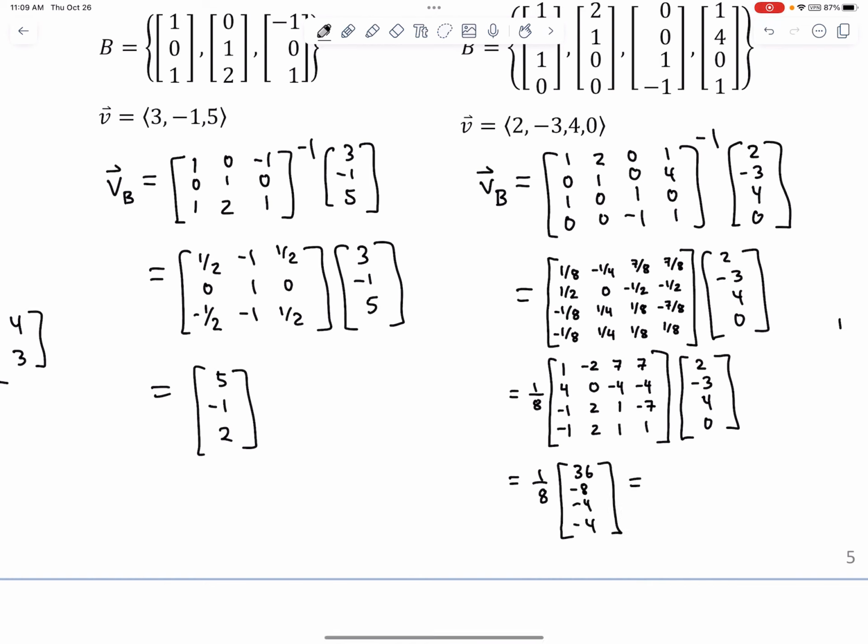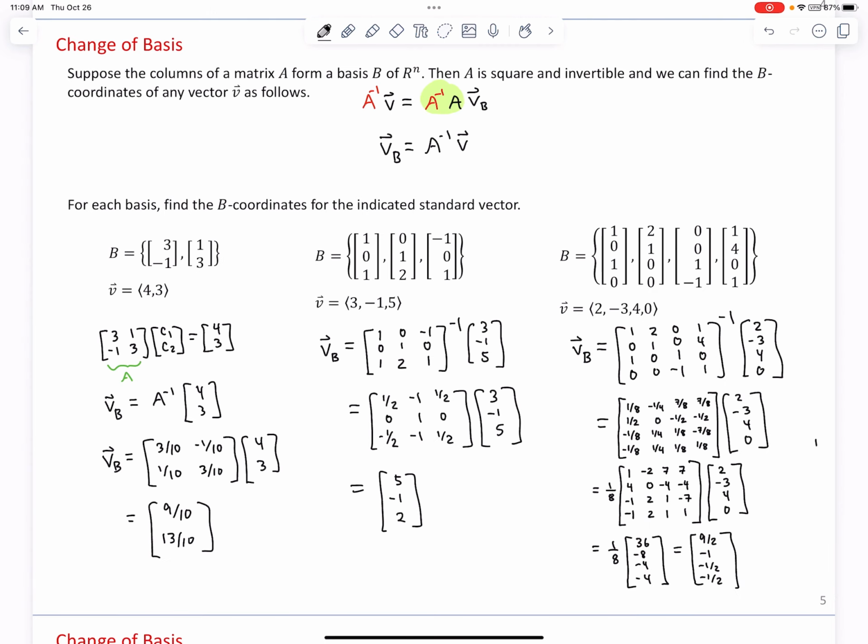And then I can do 1/8 of all of these entries, and I get 36/8, which is 9/2. Then we get -1, -1/2, and -1/2. And this confirms the answer we got on an earlier page. Okay, moving on to the next page.